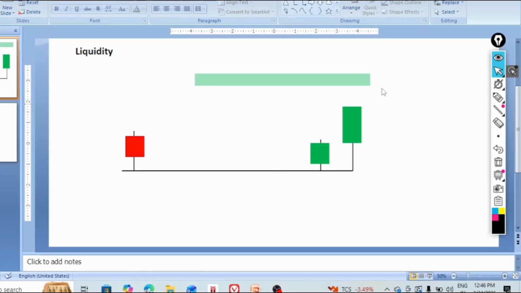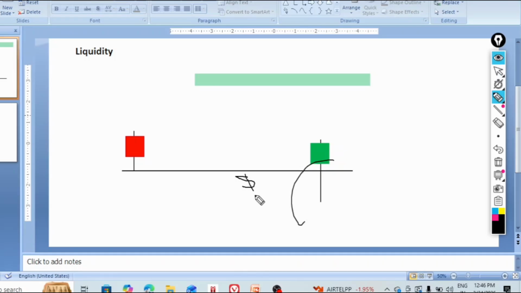If you are trading binary, this is the liquidity level. If the market sweeps it, we call this a liquidity sweep.